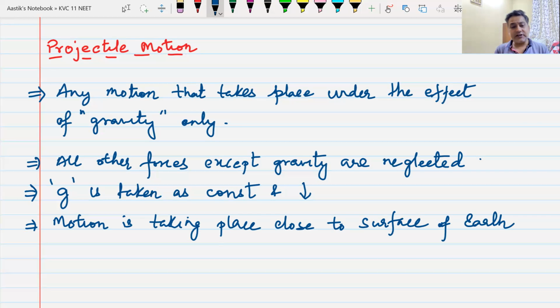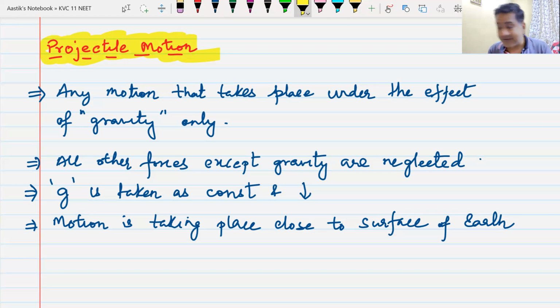So any motion that takes place under gravity where g is assumed to be constant, always vertically downwards, and all other forces are neglected except gravity, that motion is known as what, my dear friends? That motion is known as projectile motion.